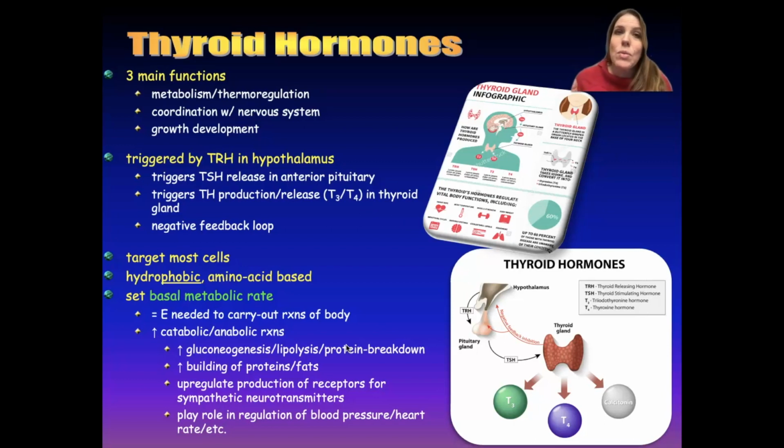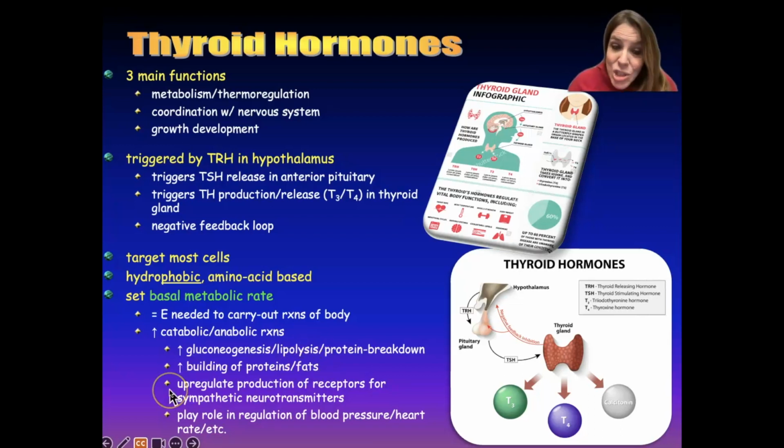And so thyroid hormones are helping, just like growth hormone did, to make sure there's enough fuel in the blood to carry out the body's metabolic reactions. So it increases the amount of fatty acids, amino acids, and glucose available in the blood. But it also does the opposite. It's going to help to create bigger things by helping to take those amino acids and put them together to make proteins, and to take those fatty acids and put them together to make fats.